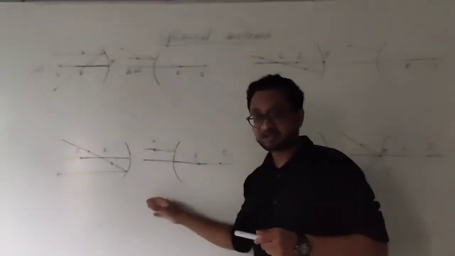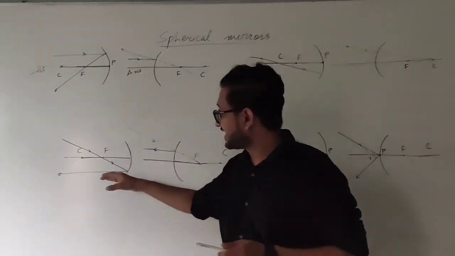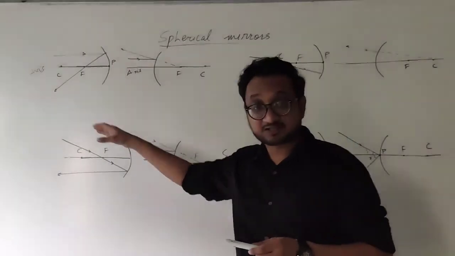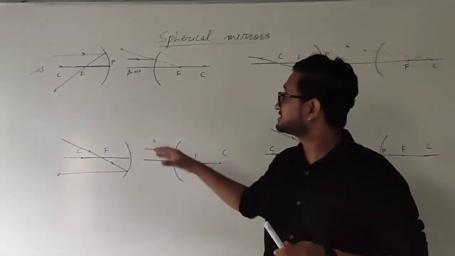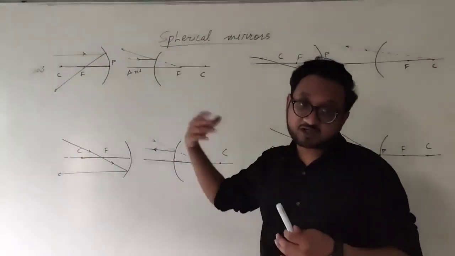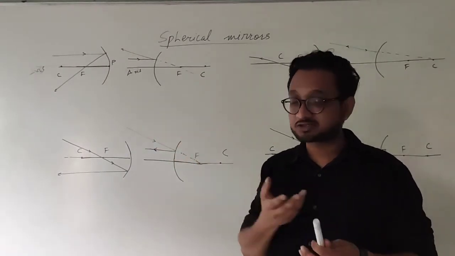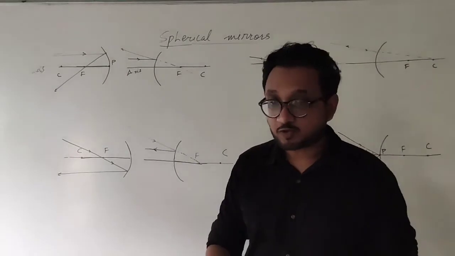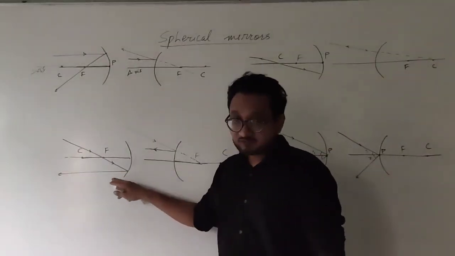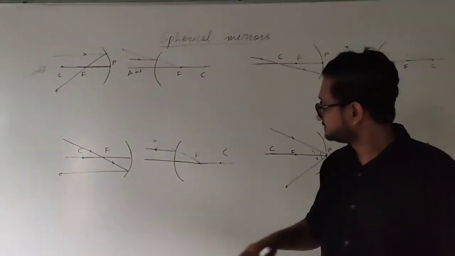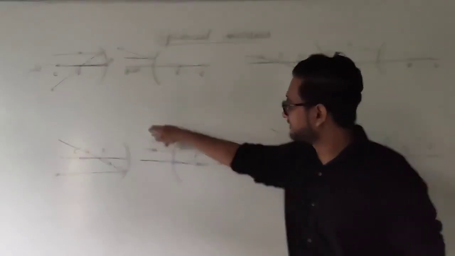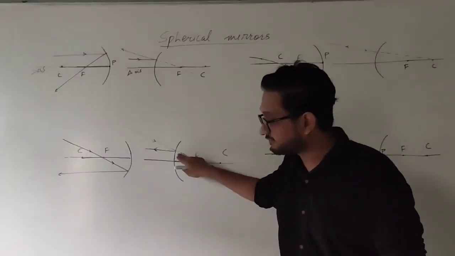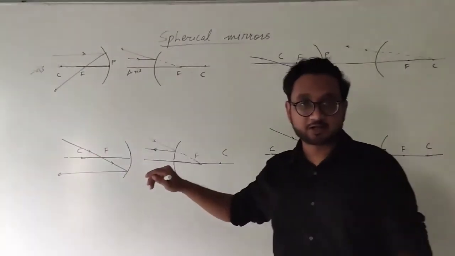Okay. In the second case, if the ray of light is incident on the mirror while passing through focus, in the first case it was parallel, and after reflection it passes through the focus point. But in the second case, if it is passing through the focus point, then after incidence it will become parallel. Same thing over here, if it is passing through focus or it seems to pass through focus, then after reflection it will become parallel.